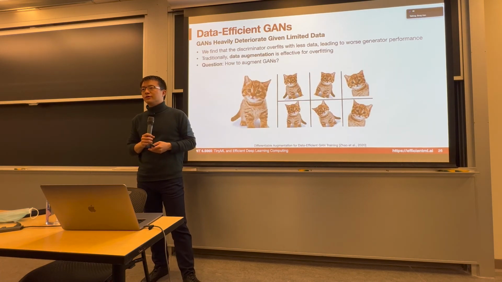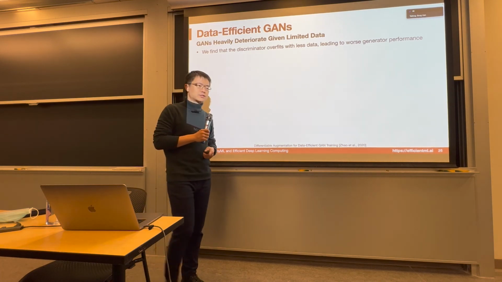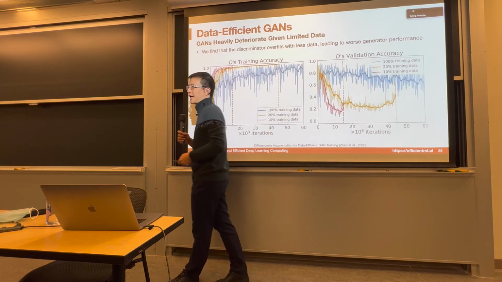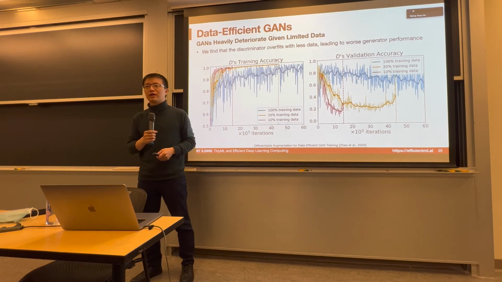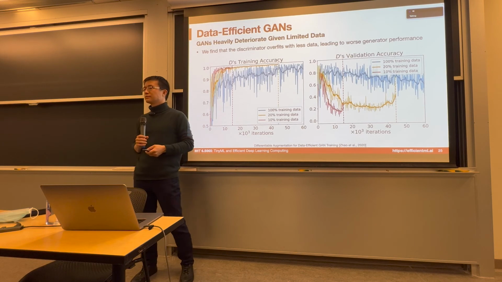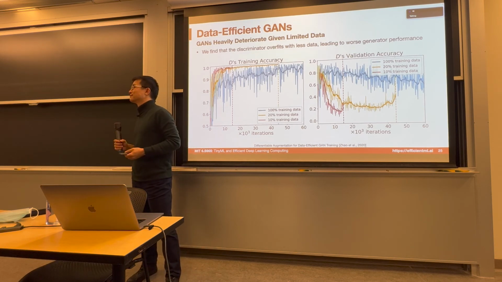Okay, so how do we solve this overfitting problem? That's a very classic question, right? Does anybody have some idea how to solve this overfitting issue on images? Shift, add noise, rotate, mirror, jittering the color, called augmentation, right?